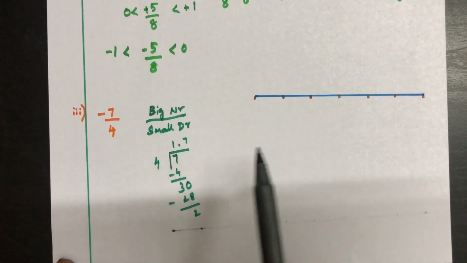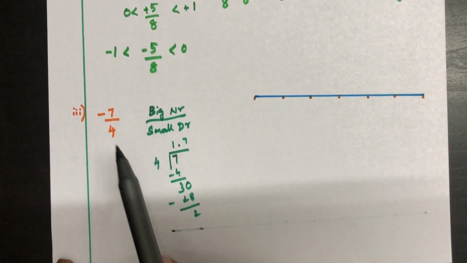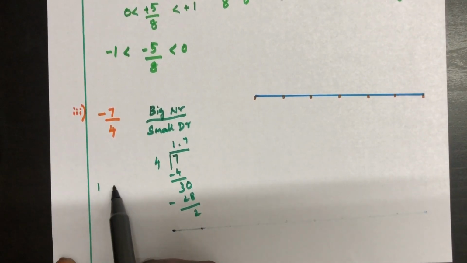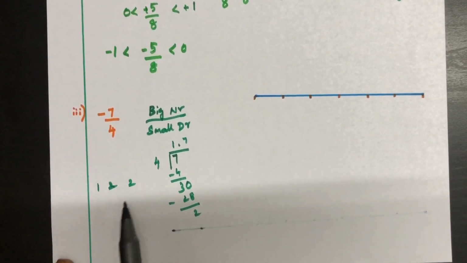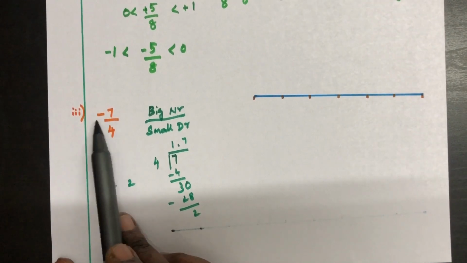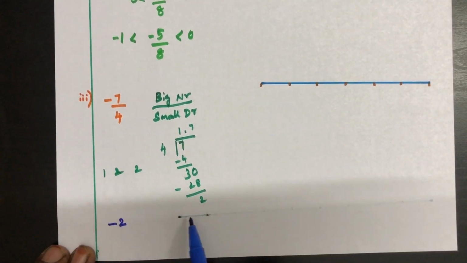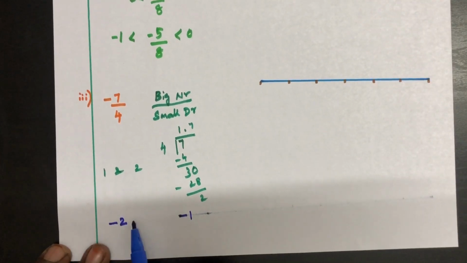So it must lie between which numbers? 7 by 4 lies between 1 and 2, right? But see here, it is negative 7 by 4. So it must lie between minus 2 and minus 1.